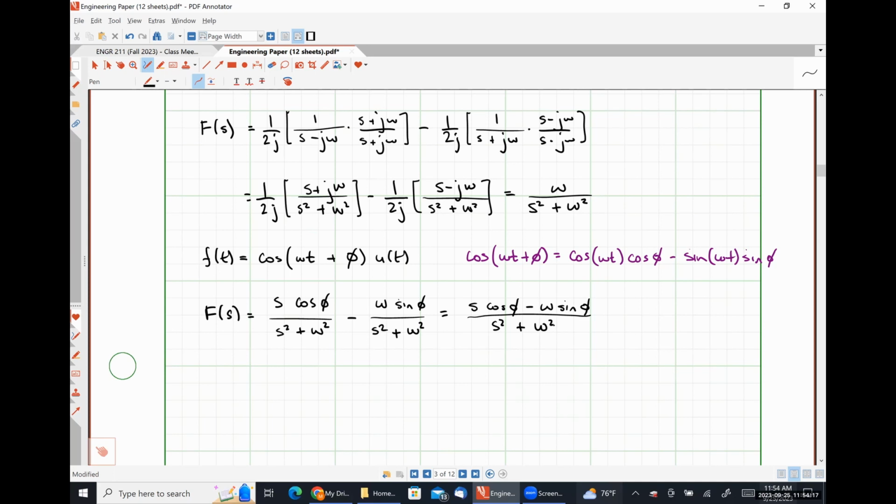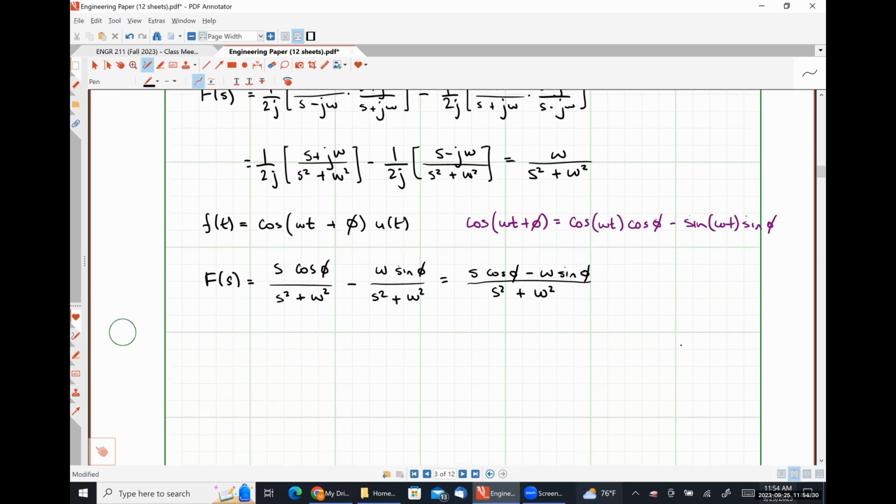So if you're saying that we had sine of omega t plus phi, let's do it. It'll take just as long as this one did, which was what, 2-3 minutes tops? All right, so I don't use this trig identity nearly as much, so I need to think about this one.